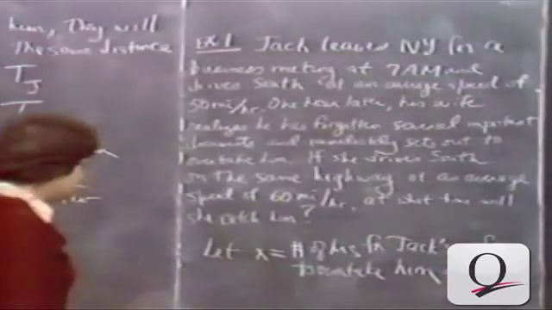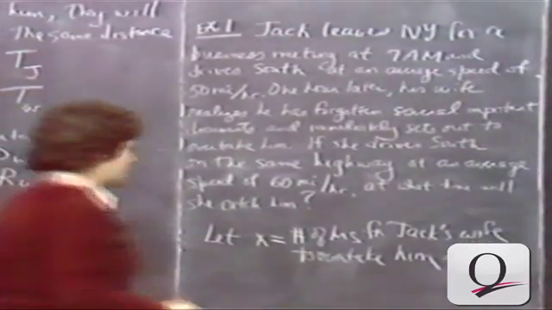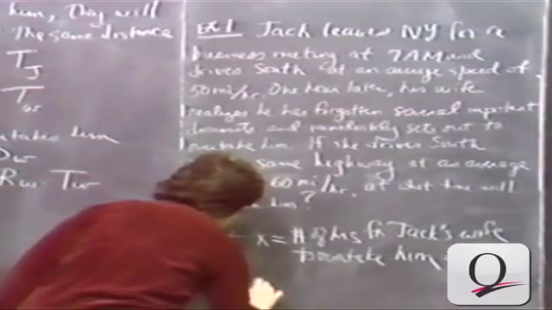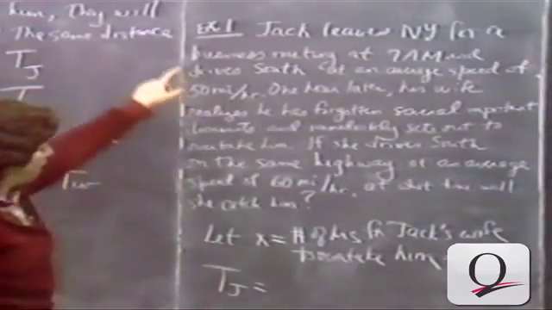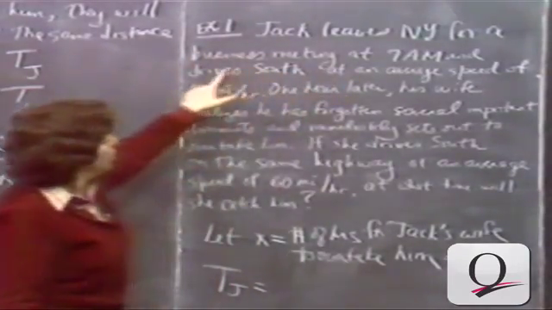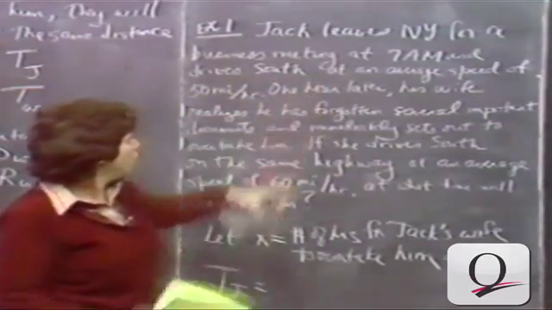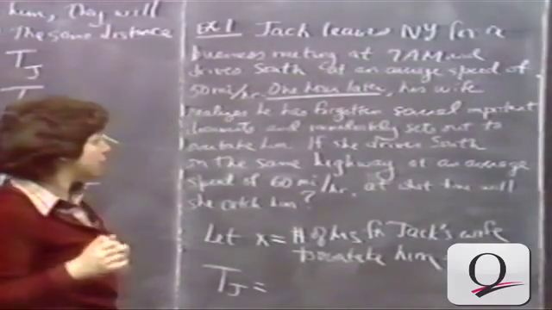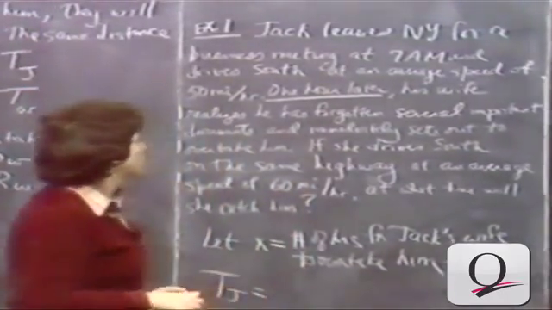Now what you have to think about for a moment is how to find tj, the time that Jack is traveling. Let's go back to the problem. Jack leaves New York at 7 a.m. 1 hour later, his wife realizes he's forgotten the document and immediately sets out to overtake him.